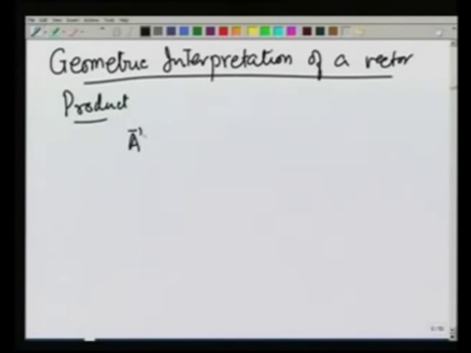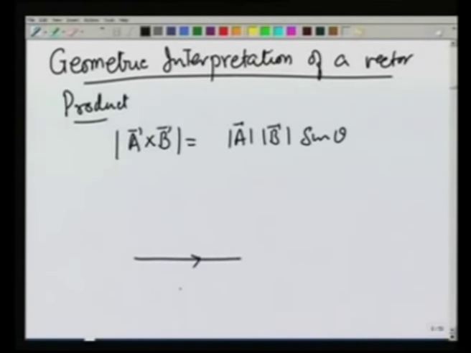The magnitude of A cross B is nothing but magnitude of A times magnitude of B times sine of theta, where theta is the angle between them. So, if there is a vector A and there is a vector B, and an angle between them is theta, you can see that A cross B is nothing but A times B sin theta.